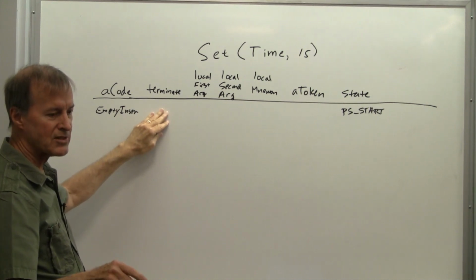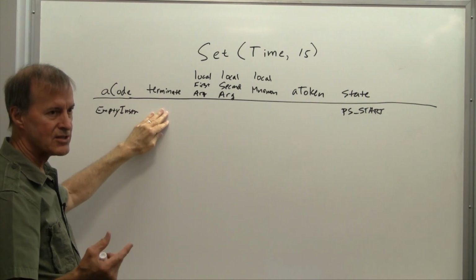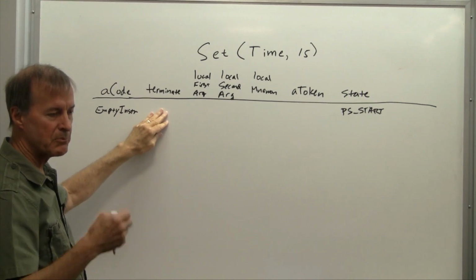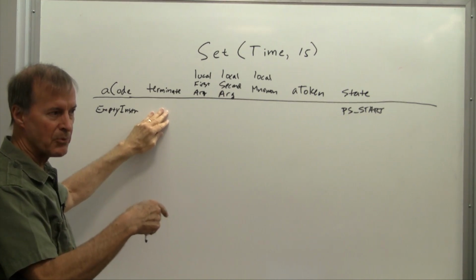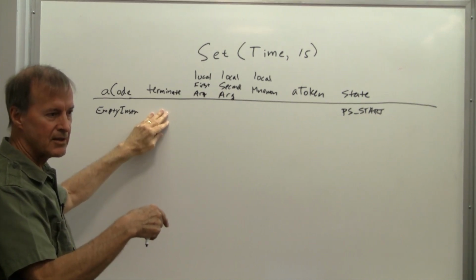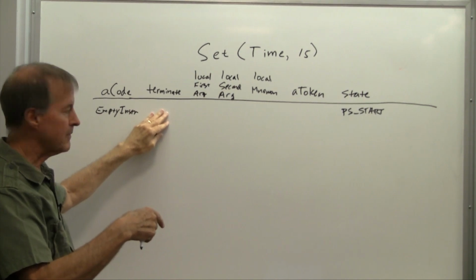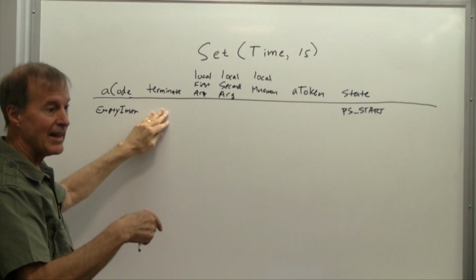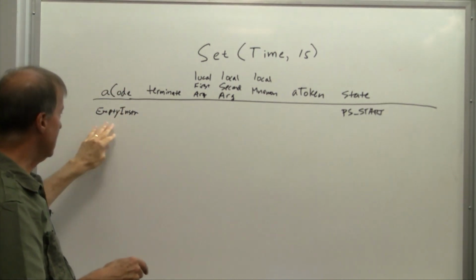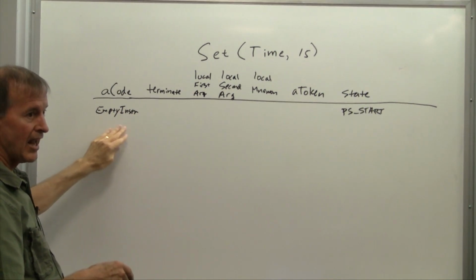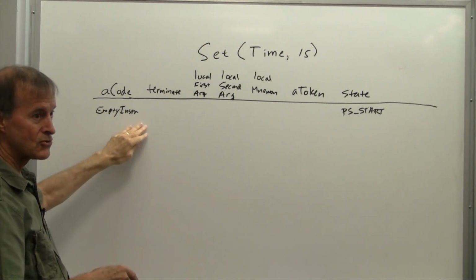So do you see that this is a function that returns a type Boolean, but in the process of returning terminate, which is type Boolean, it also constructs the abstract code. And then if it was valid, it returns true.